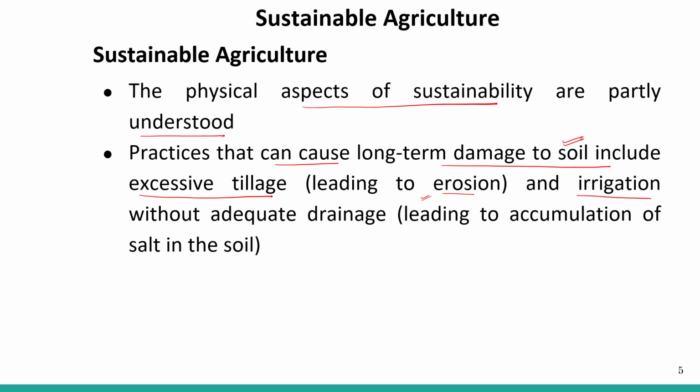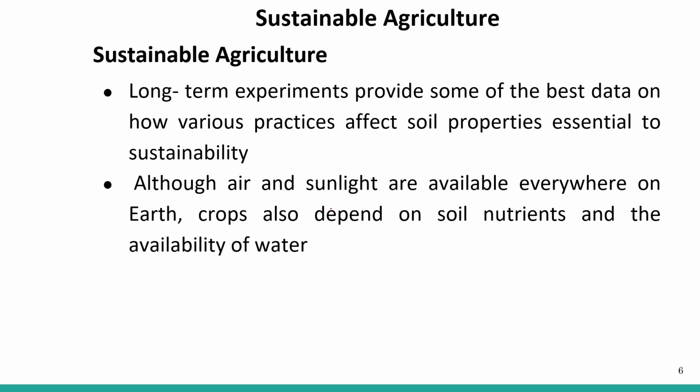And irrigation without adequate drainage leads to the accumulation of salt in the soil. So if there is no adequate drainage, then there will be deposition of salt in the soil, and there is even a loss of water. So this is also one of the important aspects.